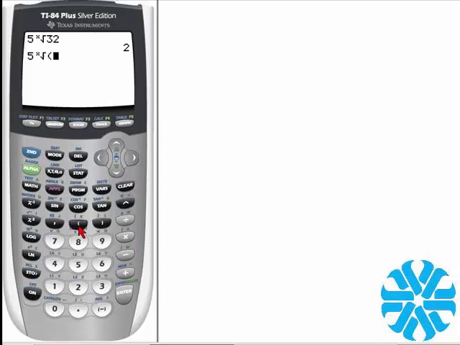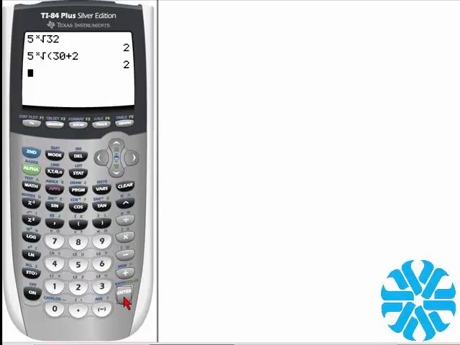So what I'm going to do is put a left-hand parenthesis and then enter 30 plus 2. Now if you remember, the left-hand parenthesis in front of this operation assumes that there is automatically going to be a closing parenthesis on the end. It's assuming that all this is under the radicand. So we should get the same result if we hit enter, because it's going to be the fifth root of 30 plus 2, which is the fifth root of 32, which should equal 2. So hitting enter, we get 2.